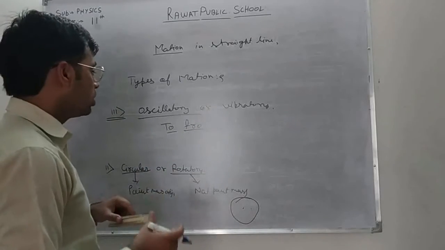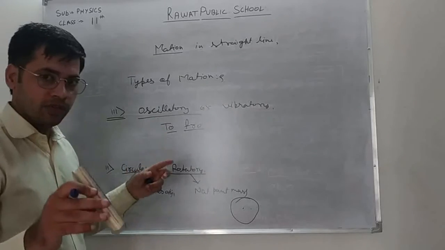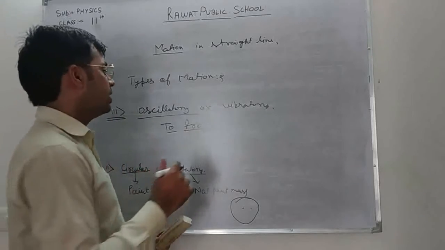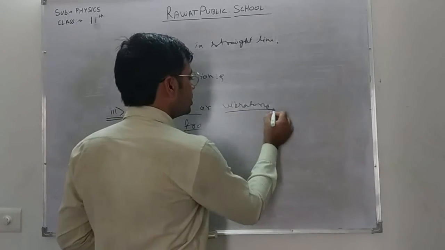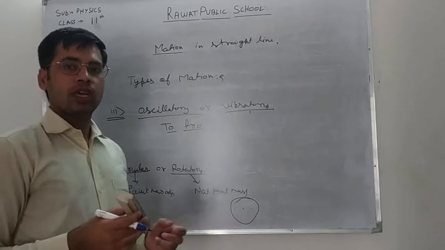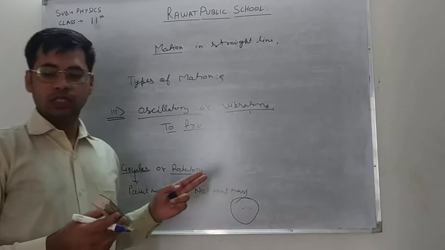If the magnitude of this oscillation is very small, then we can say that the object is in vibratory motion or vibrating. Okay, I hope it is clear to everyone about the three motions.